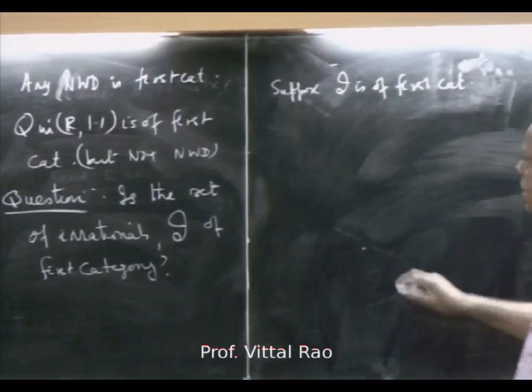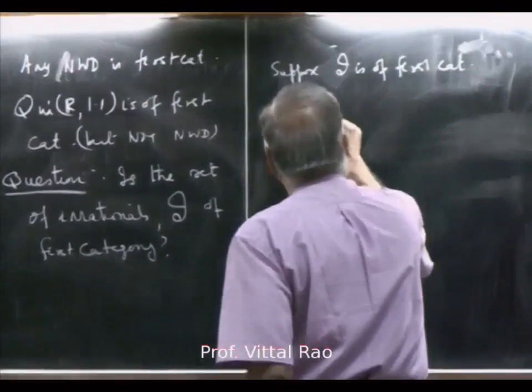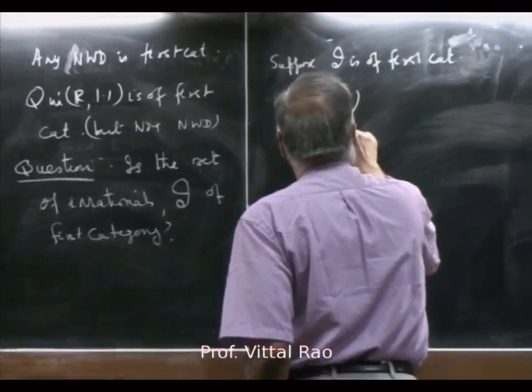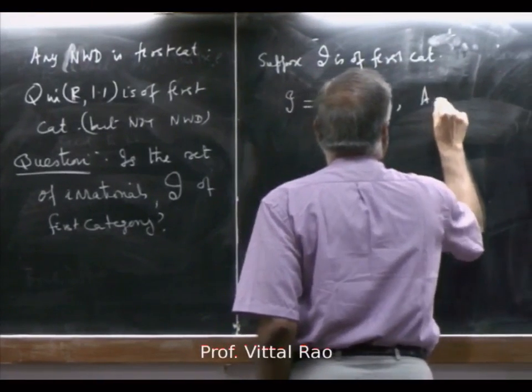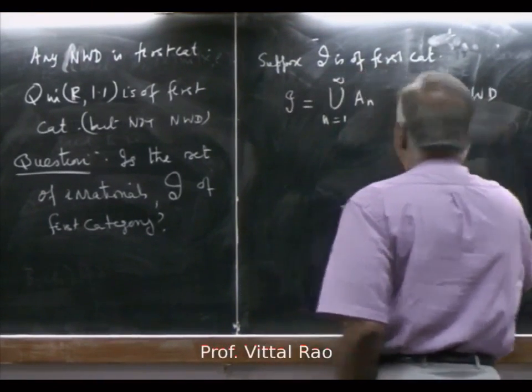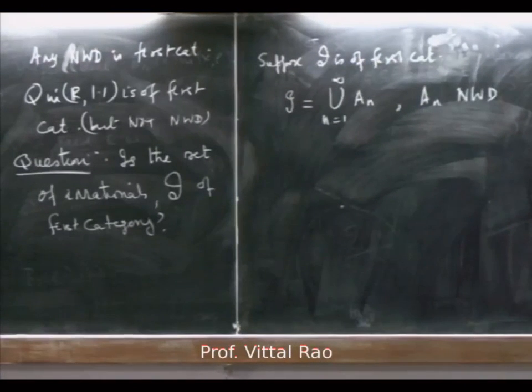What does that mean? I is the union of A_n, where the A_n are nowhere dense sets, because it is a countable union of nowhere dense sets.